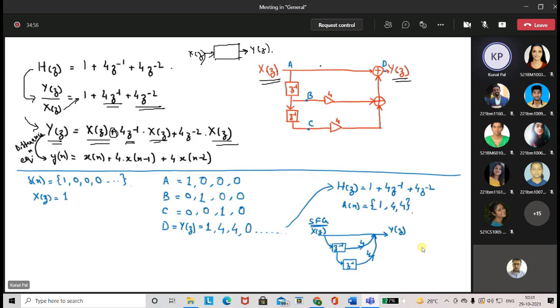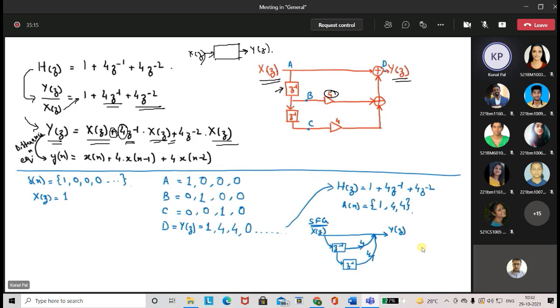This X(z) is delayed, then multiplied by 4, and then goes to an adder, and from this adder we go to Y(z).